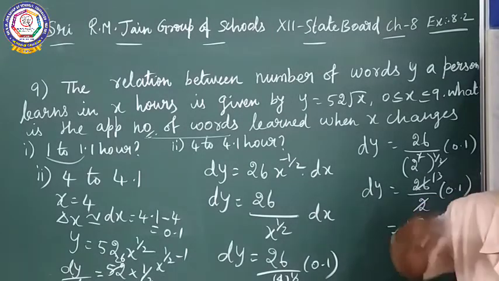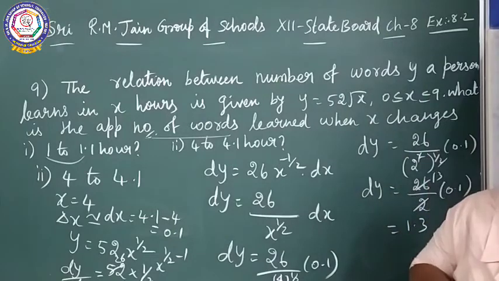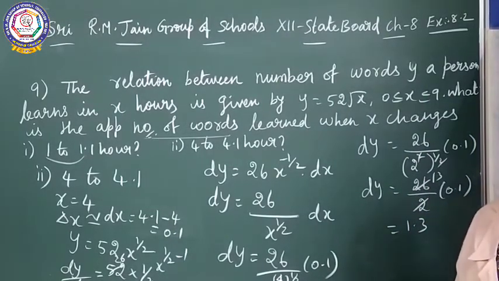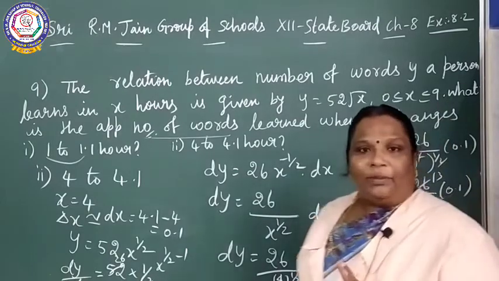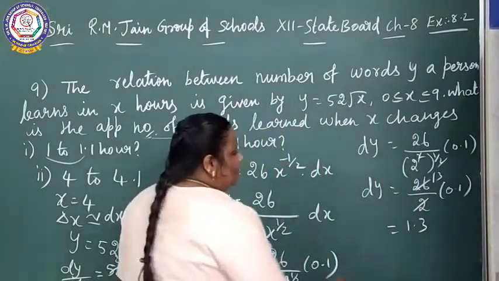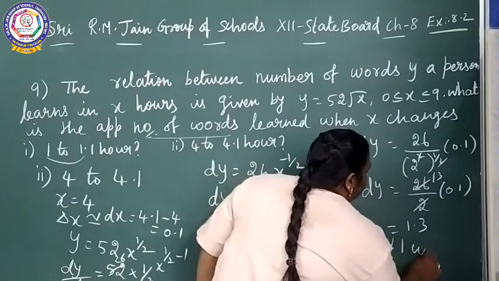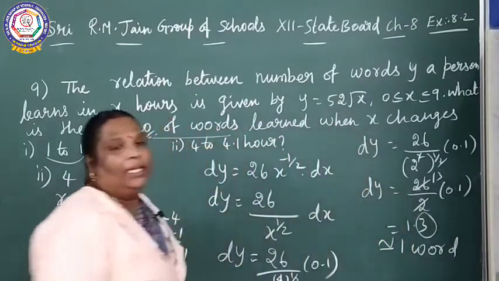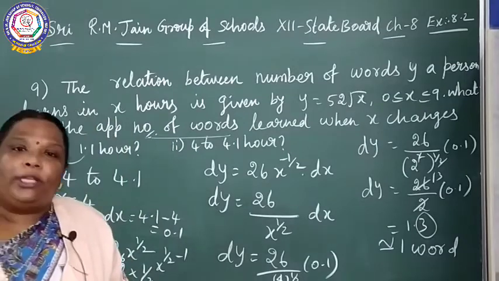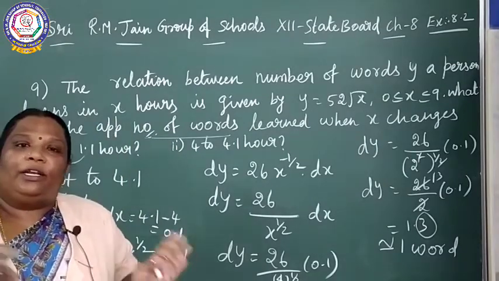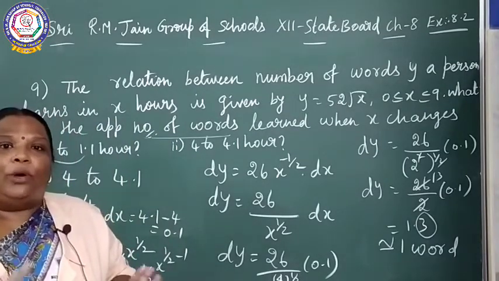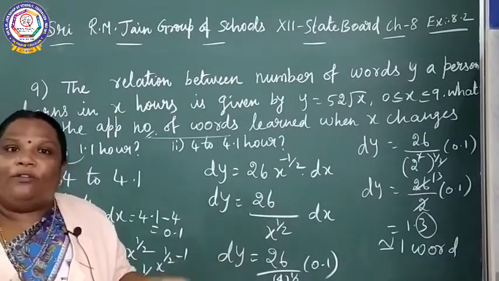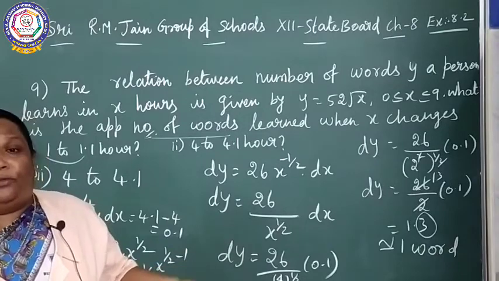So 5 and above you can round up. Here 1.3 means we are not able to round up, so it becomes one word. If the digit after the decimal is 5 or more, you can add one to the whole number before the decimal place; 1.6 means you can convert it into 2.